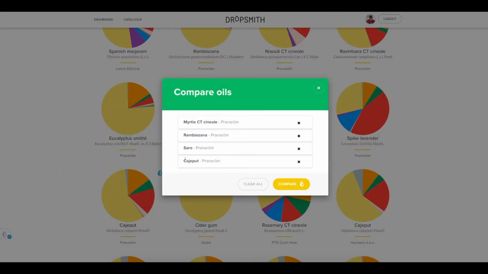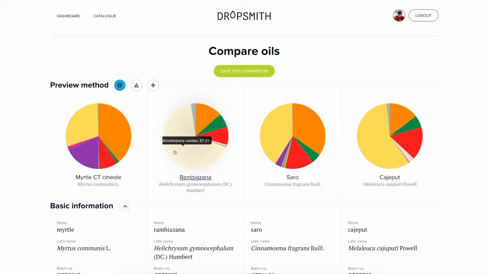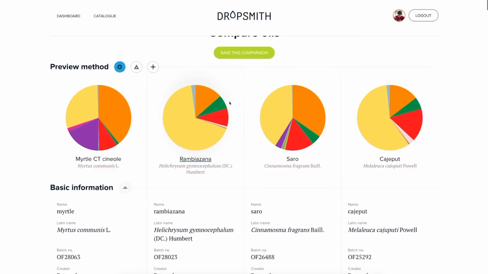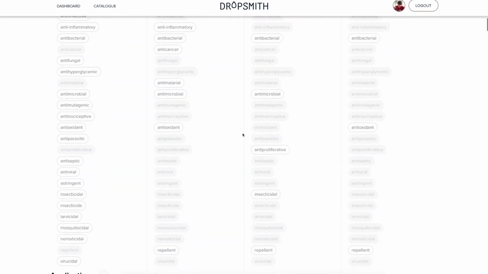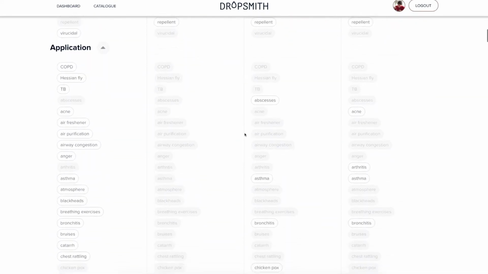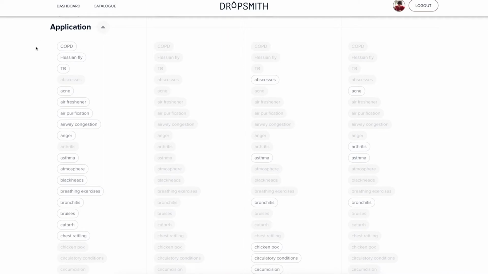As you see, I chose 4 different ones because they have quite different chemistry. Just by looking at the colors, you can see that they're very colorful and different in their composition, but they all have a lot of 1,8-cineole. I'm curious about their application, their traditional use, actually.